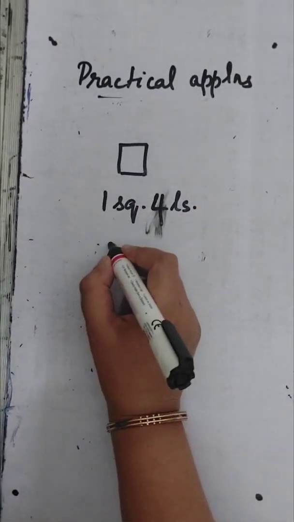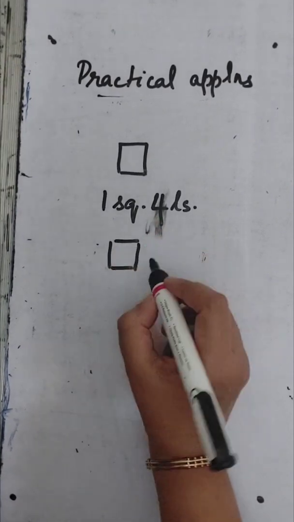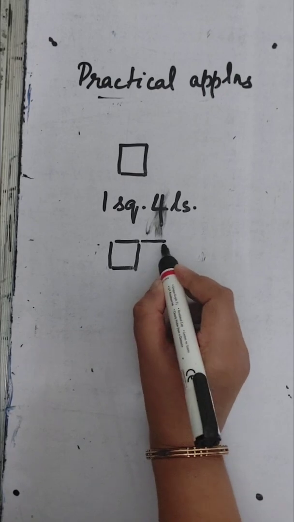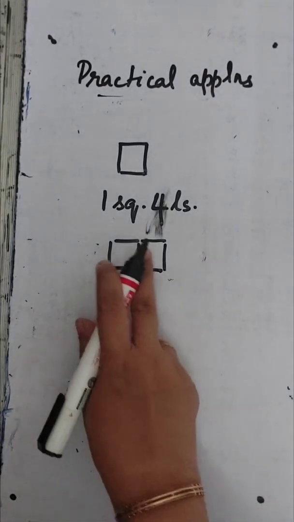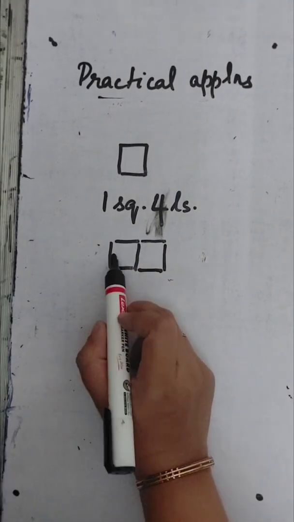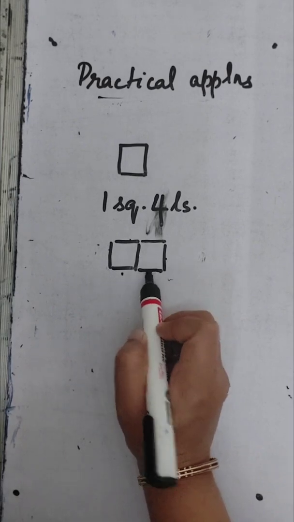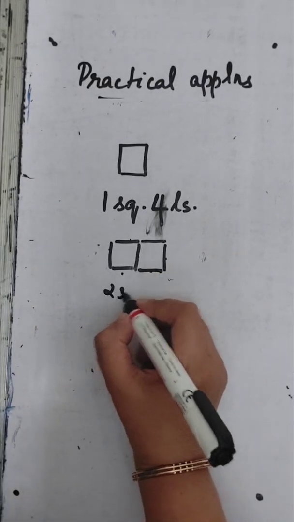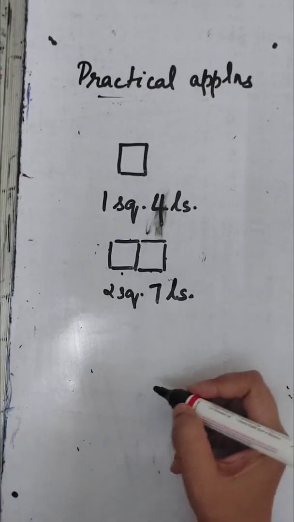Now take the next case. This is a square just like this, and we are adding one more square here. Okay, so these are 2 squares. So just count how many line segments are here. 1, 2, 3, 4, 5, 6, 7. So for 2 squares, we need 7 line segments.